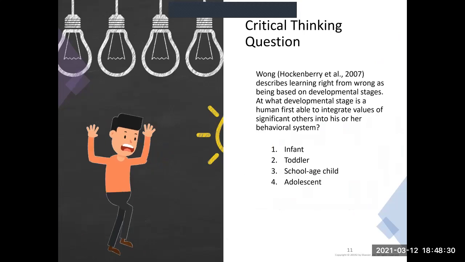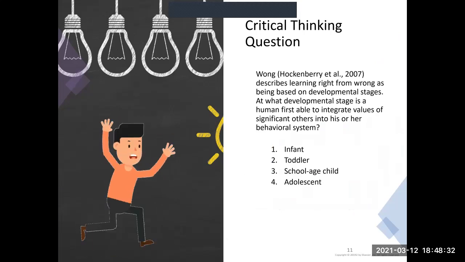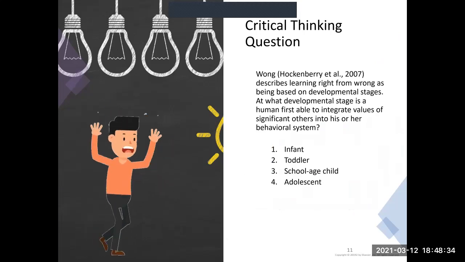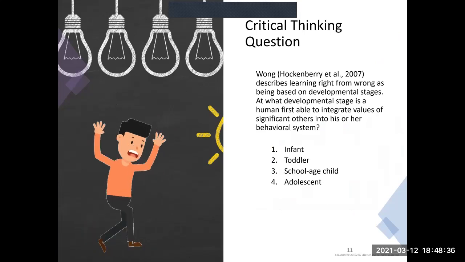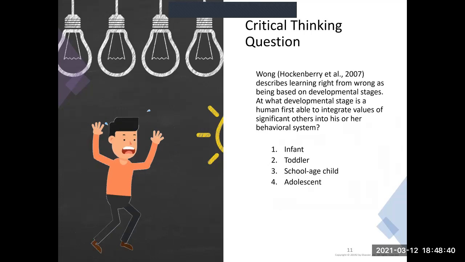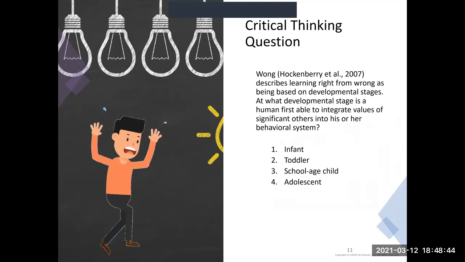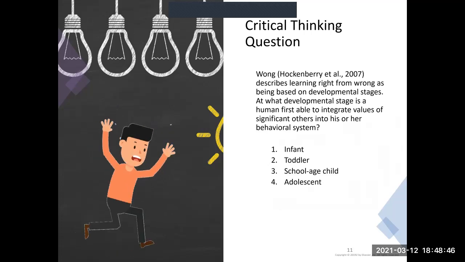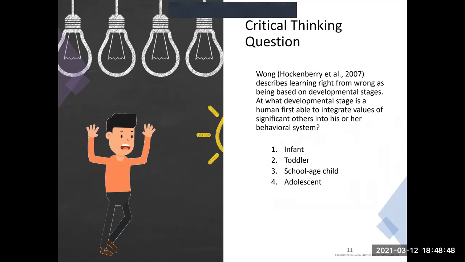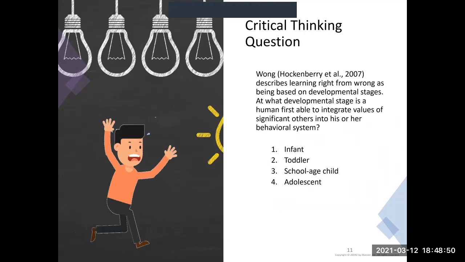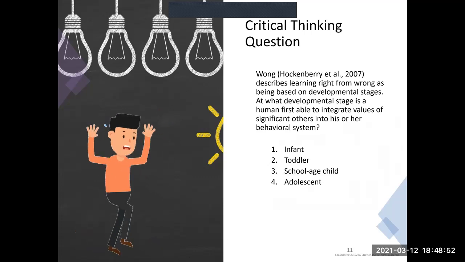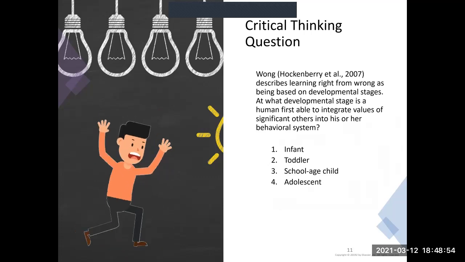So let's look at this critical thinking question. Wong, I'm sure you used this textbook in pediatrics, describes learning right from wrong as being based on developmental stages. At what developmental stage is a human first able to integrate the values of significant others into his or her own behavioral system?